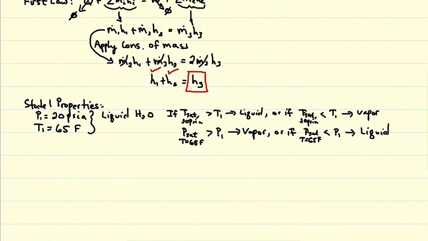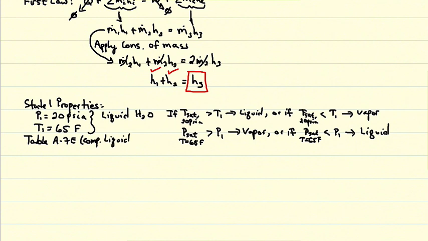Okay, so now that we've established that state 1 is liquid water, we can then say, okay, well, I know which table to go look up my properties. I have my compressed liquid properties. But the problem is, again, right? So now we have another concept that we've learned already that we're relying on again. If I go to table A7E, which is my compressed liquid table, right? So I've established that I'm a liquid.